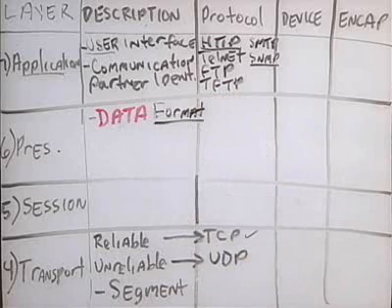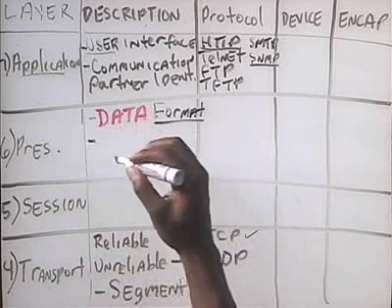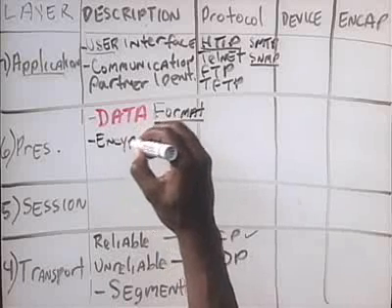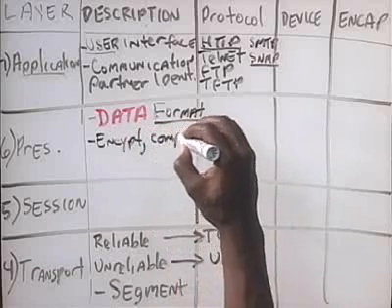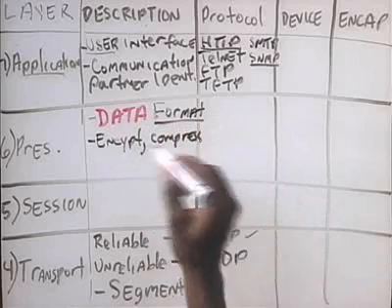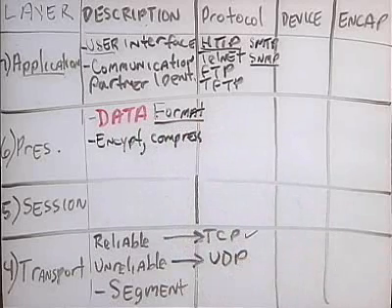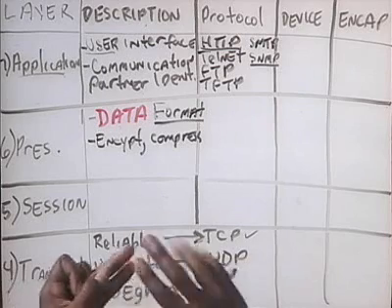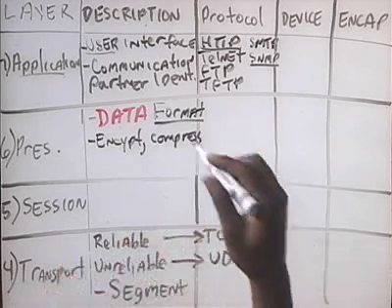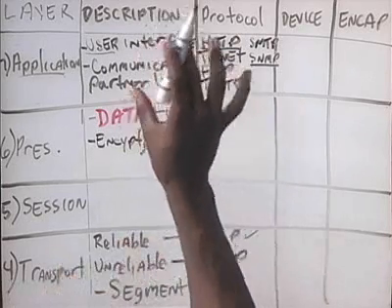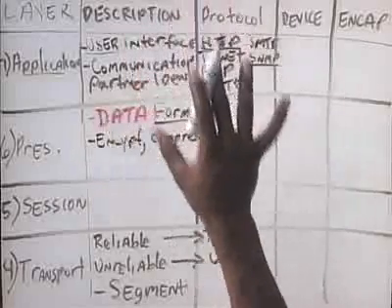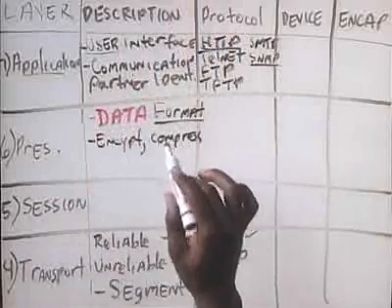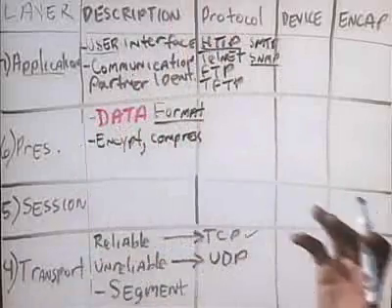At this layer, we find special processing such as encryption, compression, and other forms of the data. At the application layer, this is the user's interaction where the user points or clicks. That user information from the application layer must be put into a particular format at the presentation layer to be sent across the network.